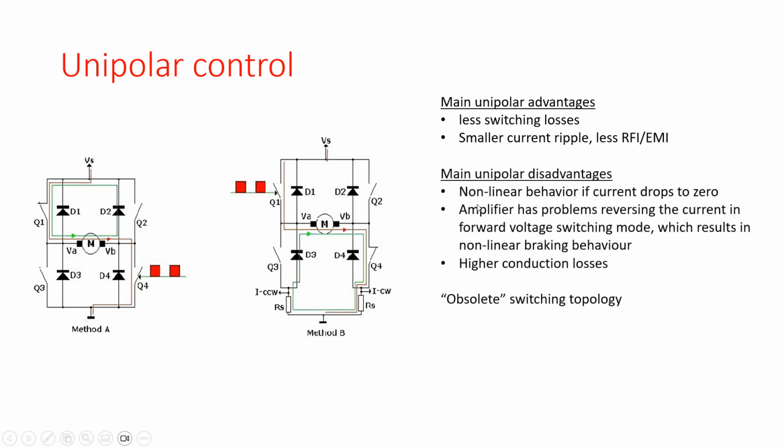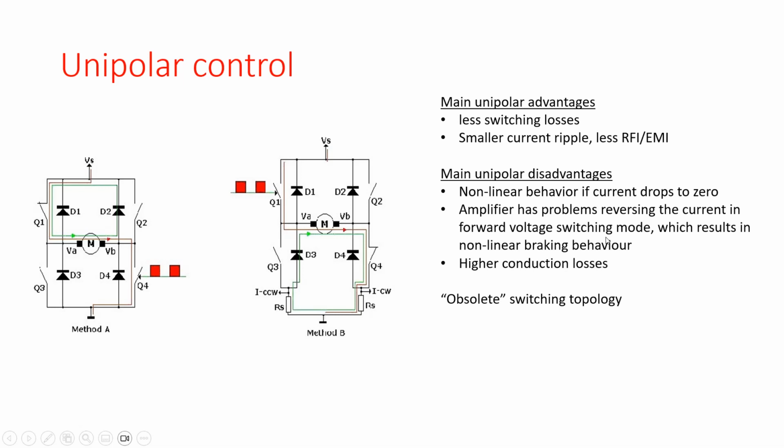But on the other hand, the main unipolar disadvantage is the nonlinear behavior when the current drops to zero. And certainly in a situation when we want to reverse the current in a forward voltage switching mode, we will notice that nonlinear behavior of that unipolar control switching algorithm.